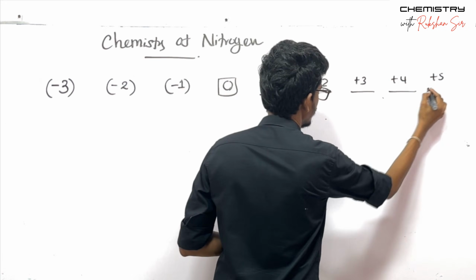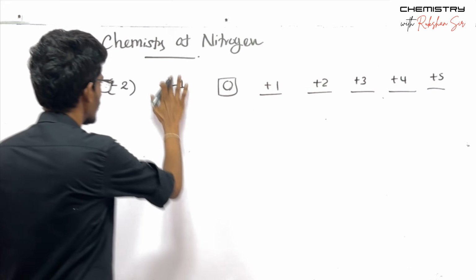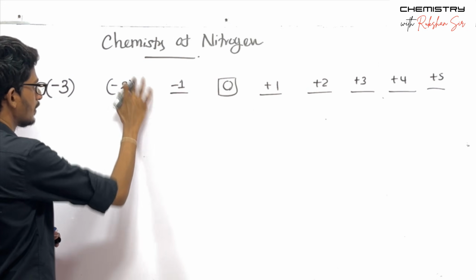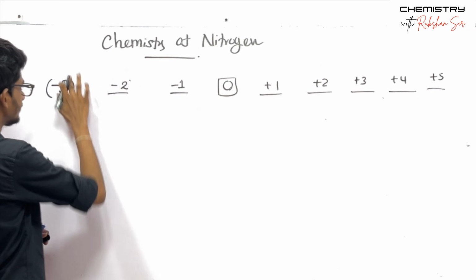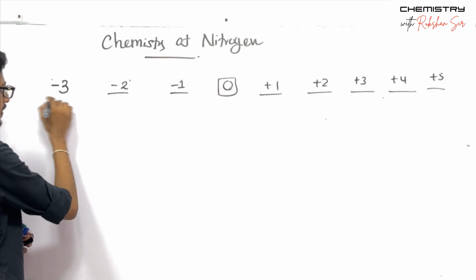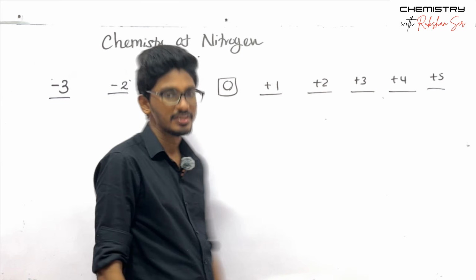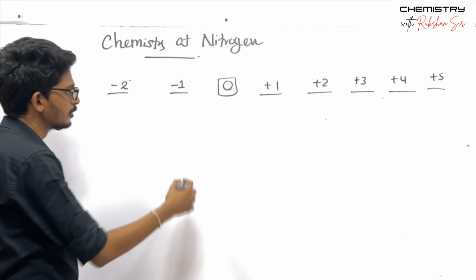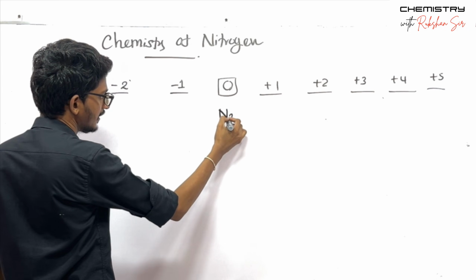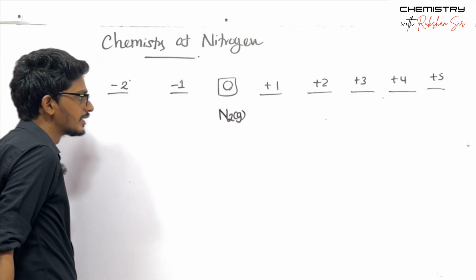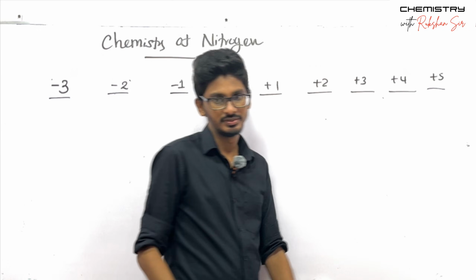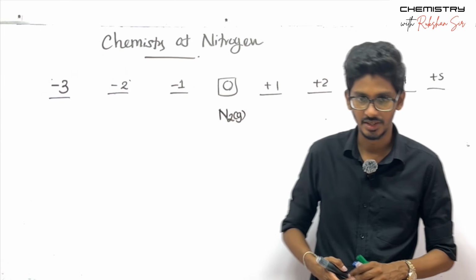Let's try to come up with the examples. The first one, the zero oxidation state, is just N2 gas. The elemental form always comes with the zero oxidation state. That is as simple as that.